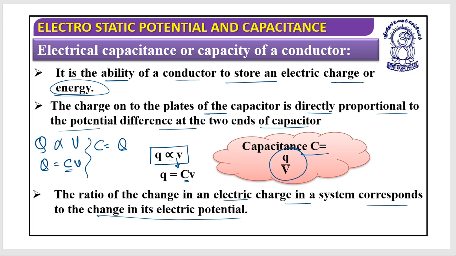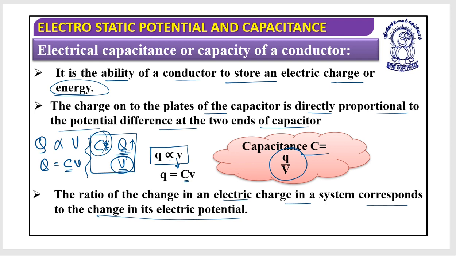So from an equation point of view, C is equal to Q by V. But it doesn't mean that if V is constant and I increase Q, C will increase. No, this is absolutely false, because C is a constant. If you change V, then Q will change. If you change Q, then V will change. But C remains the same because it is a constant.